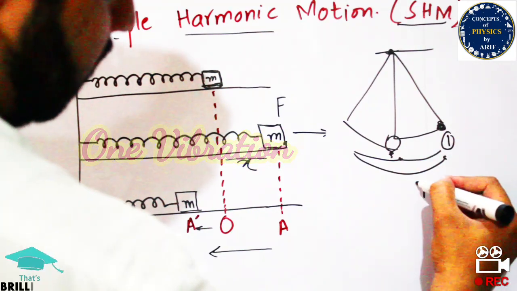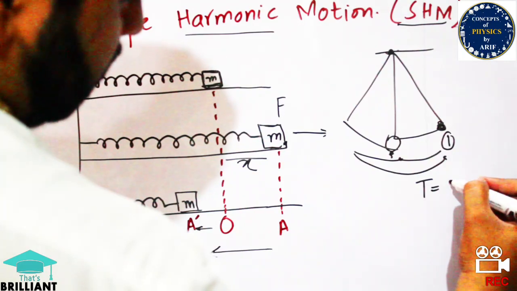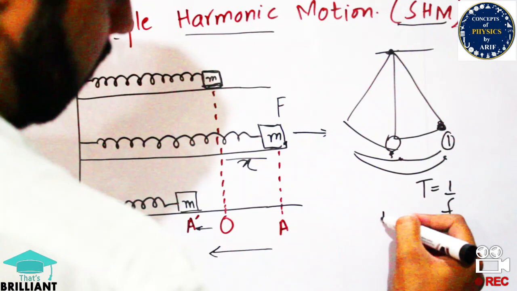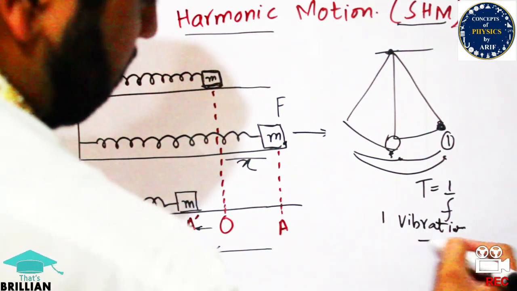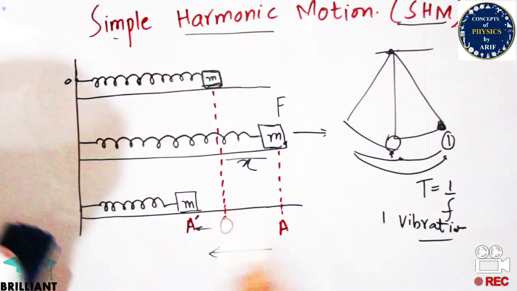One complete revolution makes one time period. The time period is inversely proportional to frequency, and one complete cycle is known as one vibration of simple harmonic motion or of a simple pendulum.